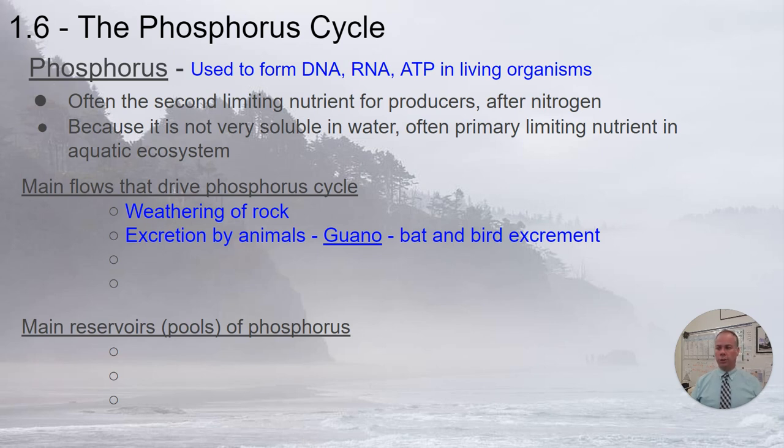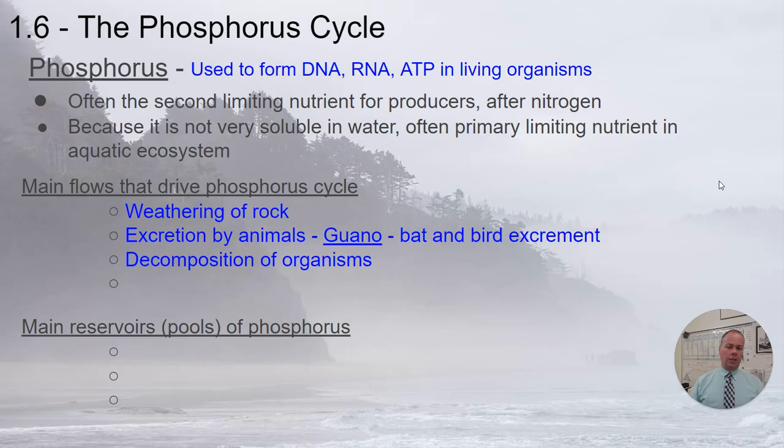So guano was sought out, it was harvested, it was shipped around the world. In fact, it even was responsible for wars over the guano, especially on small islands that were colonized by large numbers of birds, and caves where bats were present in large numbers.